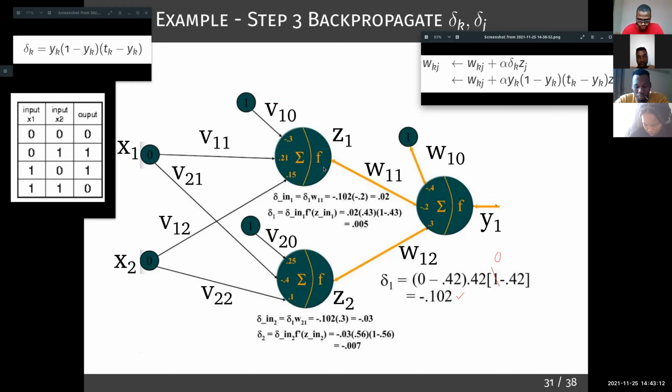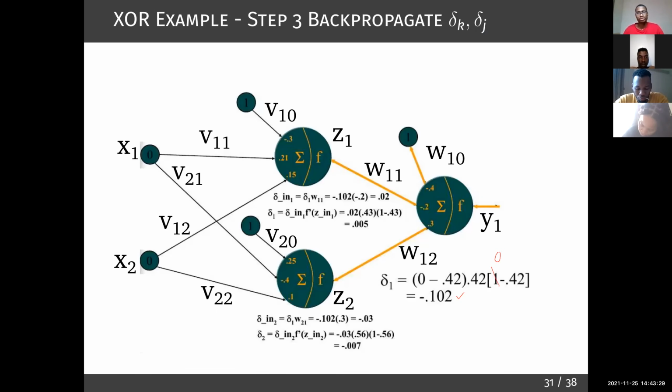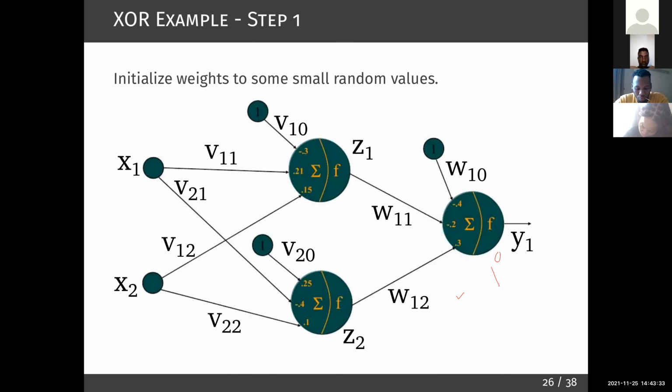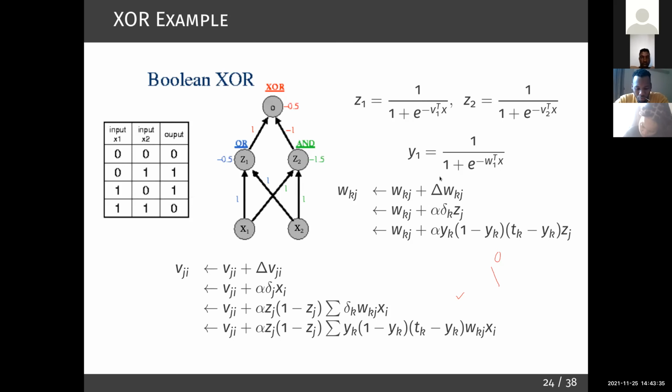Yes, this one, we're supposed to do this delta 1. So from here we have the delta 1, and so delta 1 multiplied by W11. Let me go back to the equation. Where is delta multiplied by W1? We should output first.